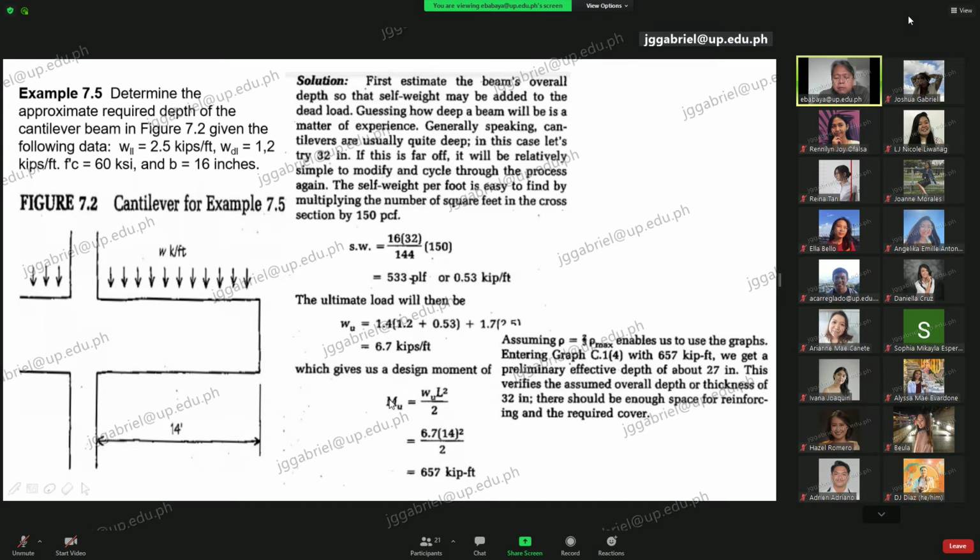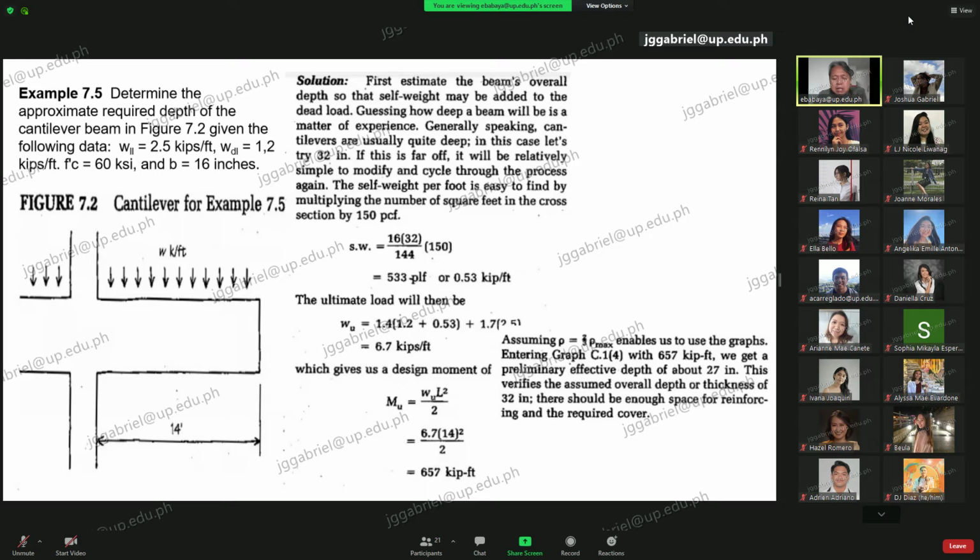the formula for Mu is Wu L squared over 2. Now, you'll ask, Sir, saan po galing? Where did we get that formula? Okay, if you have a cantilevered beam, the maximum moment is at the support. No? So at x equal to 0.